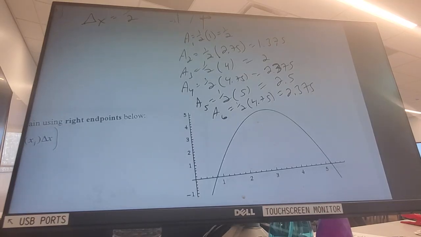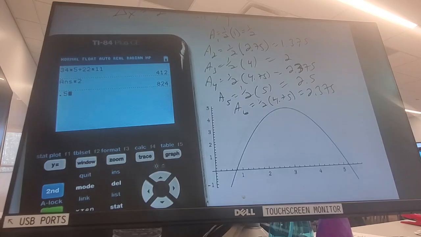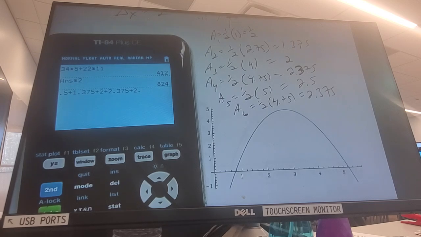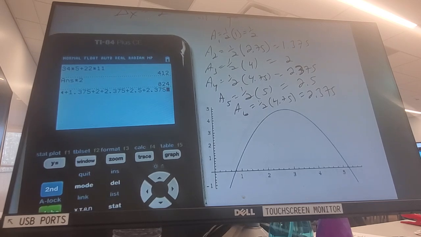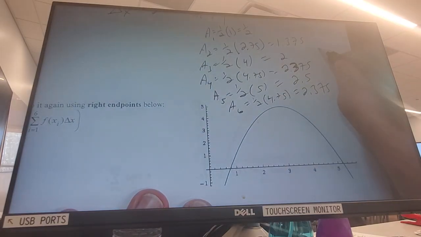So let's see: 0.5 plus 1.375 plus 2 plus 2.375 plus 2.5 plus 2.375. I get 11.125.